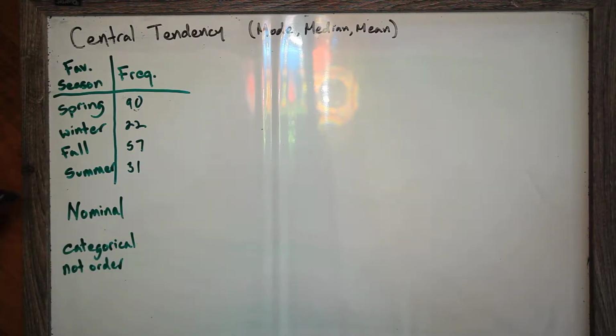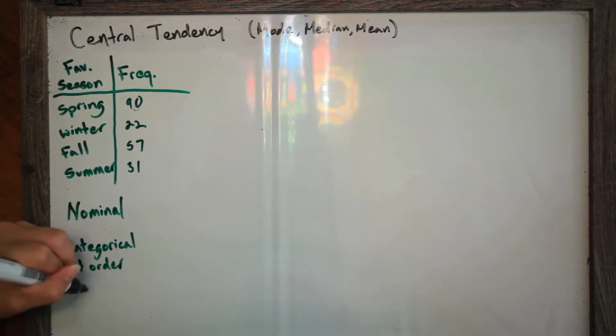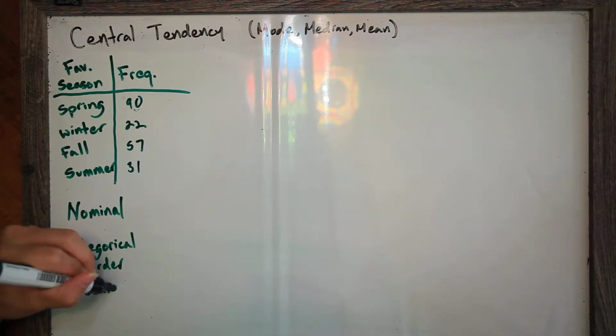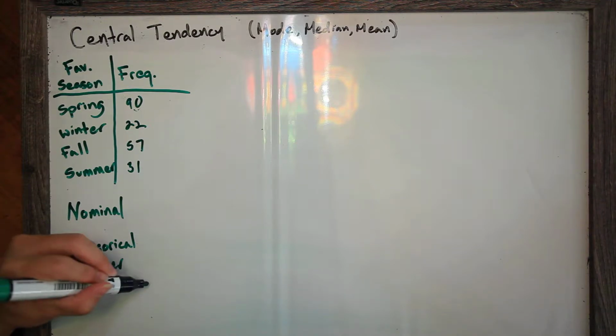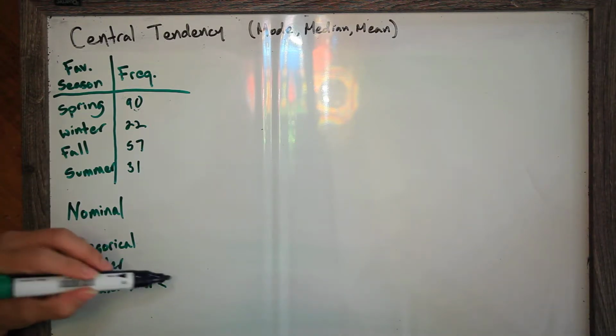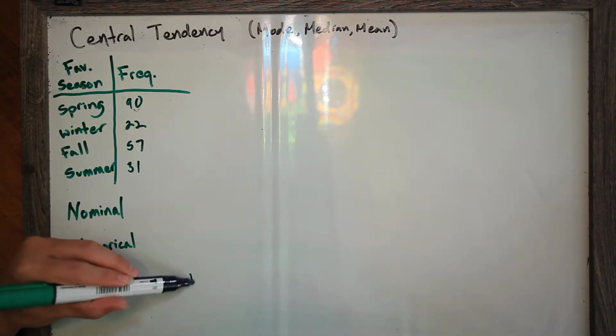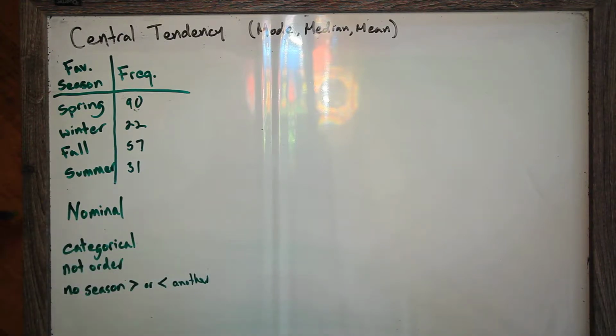And you might be saying, wait, you can put the seasons in order. They go spring, summer, fall, winter. That's right, but no season is greater than or less than another season, right?